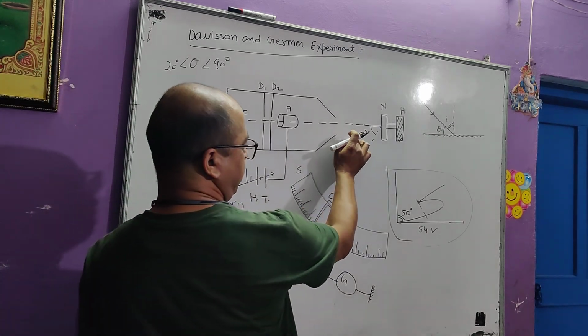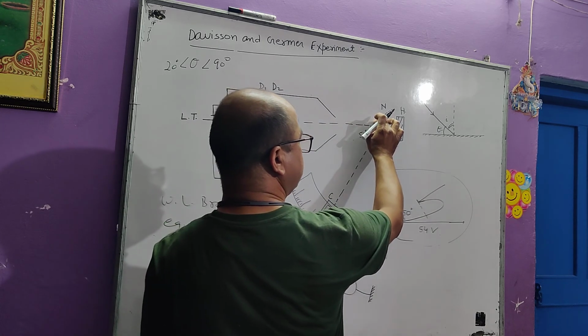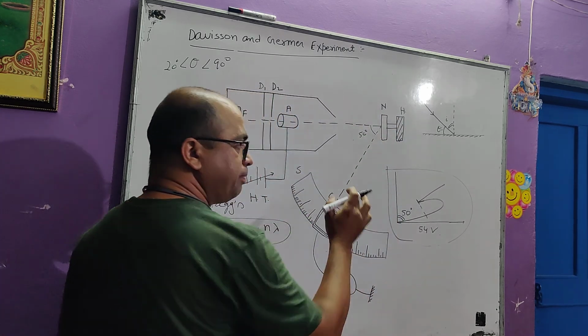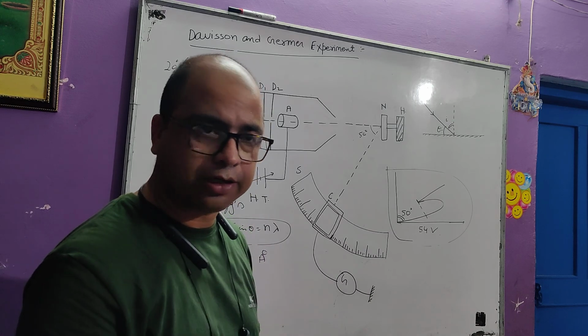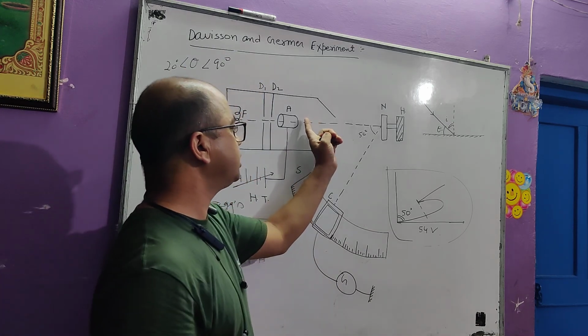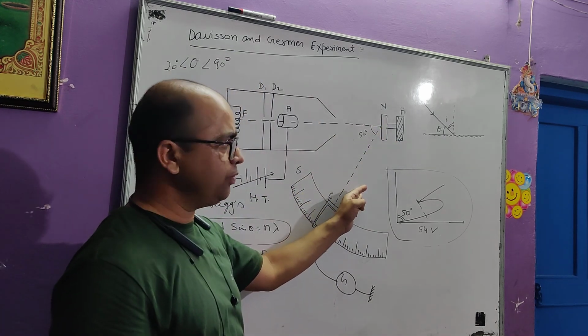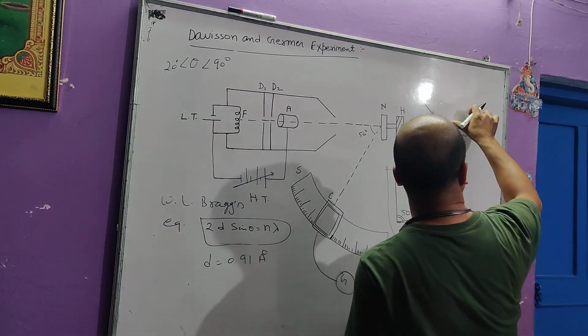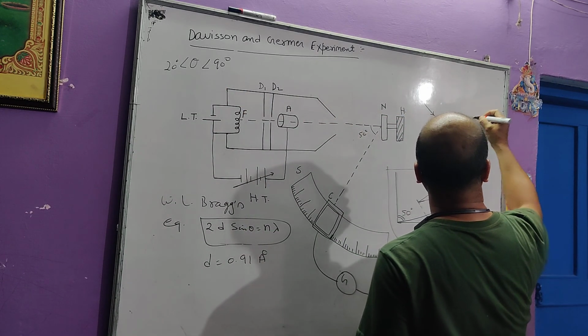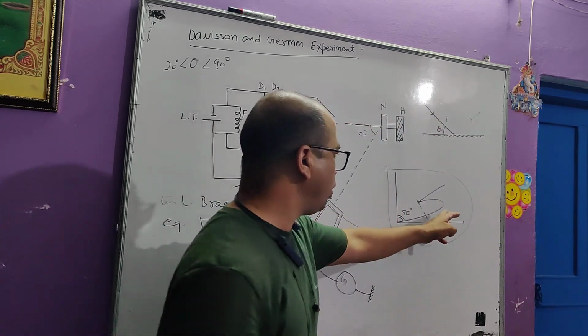In this figure, this is the incident ray and this is the reflected ray. If we consider the electron as a wave, this is the incident wave and this is the reflected wave. The angle between the incident and reflected beam was 50 degrees when the bump was most prominent.